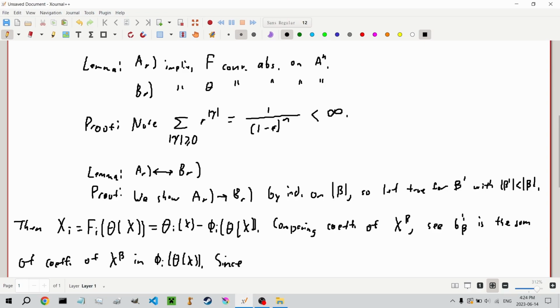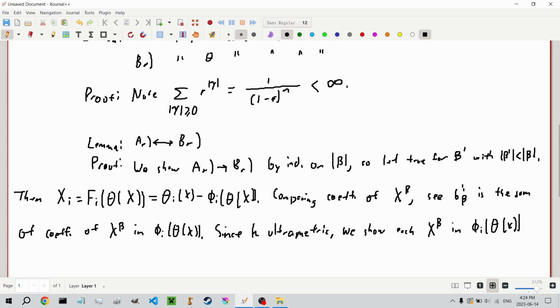Keep in mind this is all in the context of k being ultrametric, we can just show each x to the beta in phi sub i of theta of x satisfies our estimate of its coefficient, that is.